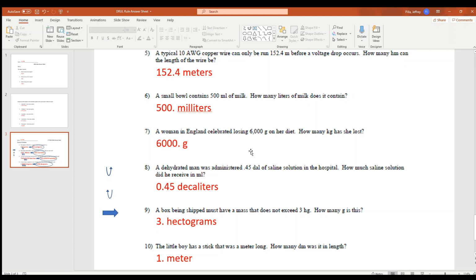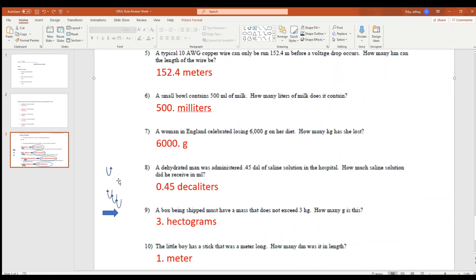Again, looking at our staircase, are we going up the staircase or down the staircase? In this case, we are going up the staircase from meters to hectometers. We're going up the staircase 2 times. Because we are going up, we are going to move our decimal place to the left, and because we're going up 2 times, we need to move our decimal 2 times, okay?